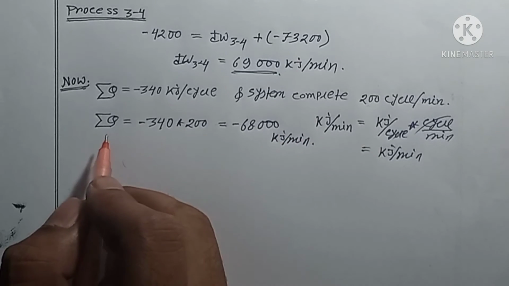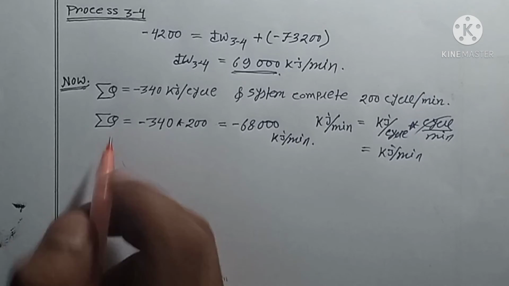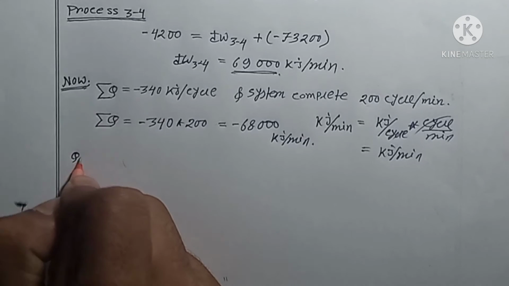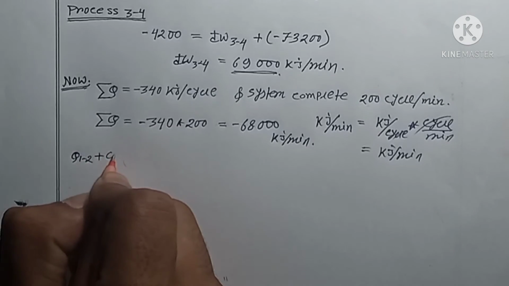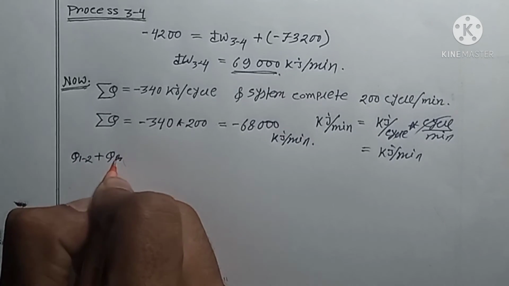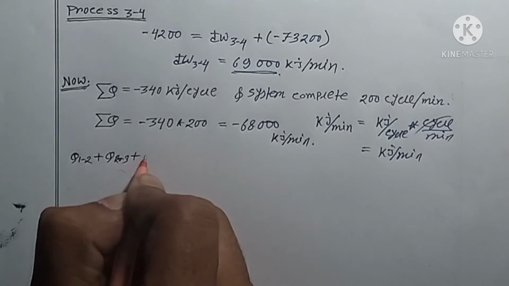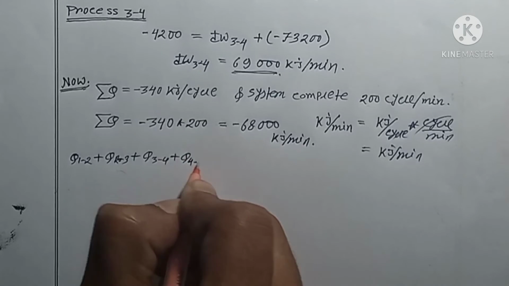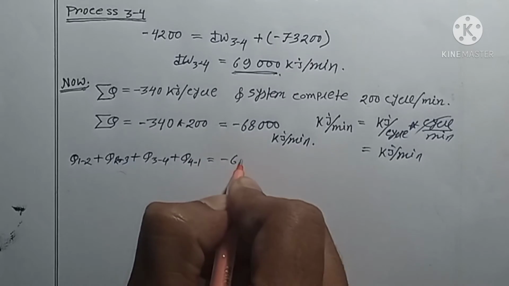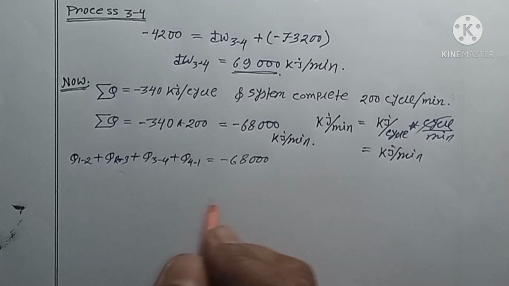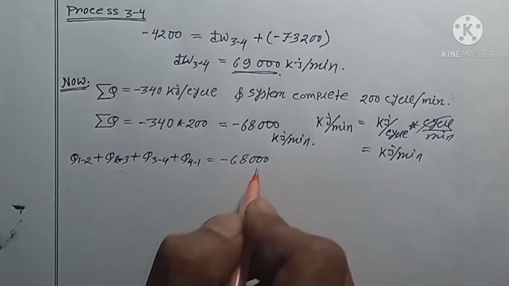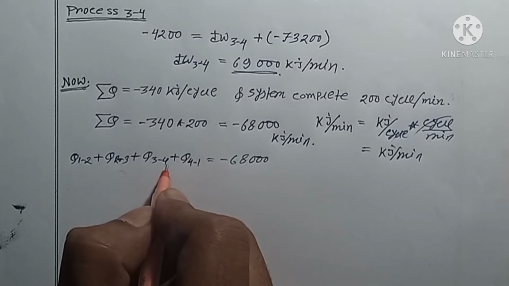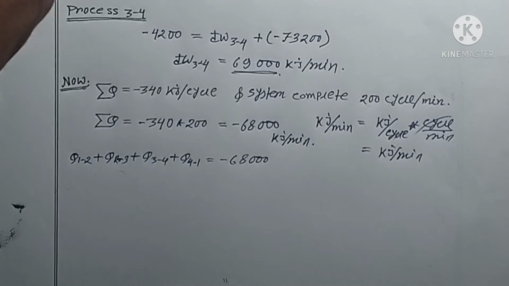Now listen, this is the total heat transfer. This Q is nothing but the summation of Q12 plus Q23 plus Q34 plus Q41, am I right, which is equal to 68000 in magnitude, because this is the total heat transfer. Now this Q12, Q23, Q34 are already given.